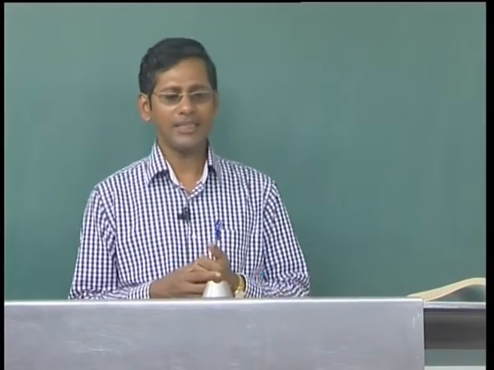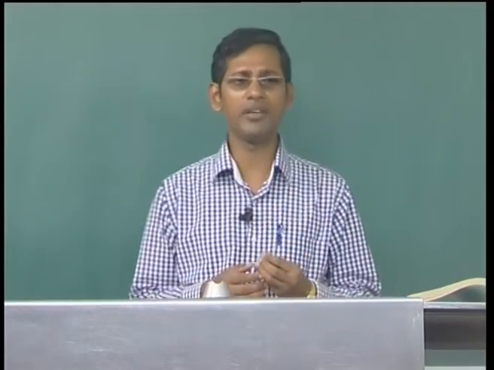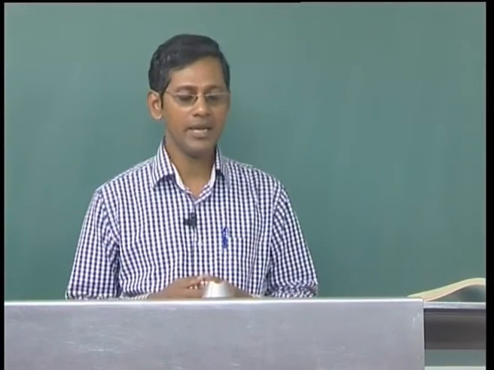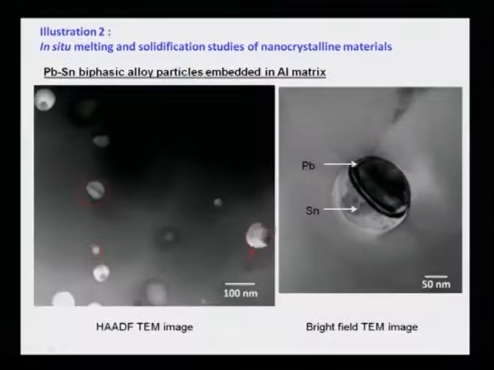And not only that, if you use a highly convergent, high current electron beam, this can damage the sample. Many times you will find that if you do nano beam electron diffraction on a particular particle, after taking the diffraction pattern the particle is basically changed. So, the sample damage is very high in STEM mode. One has to be very careful about the sensitivity of the specimen towards the electron beam.